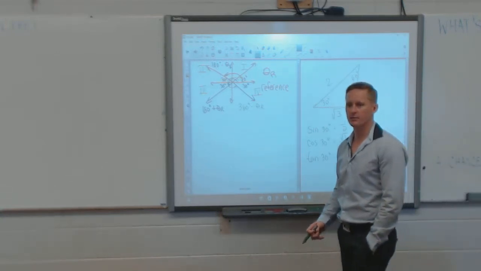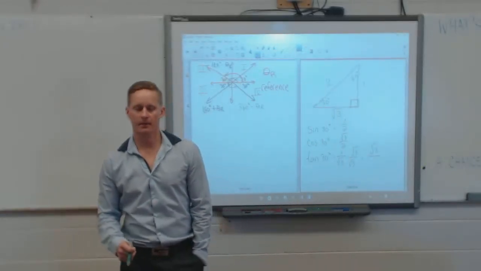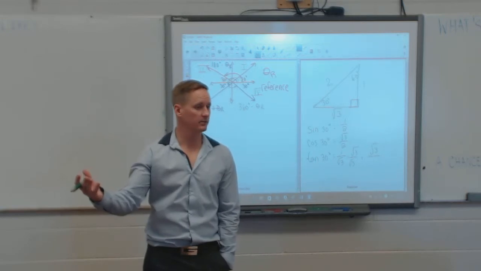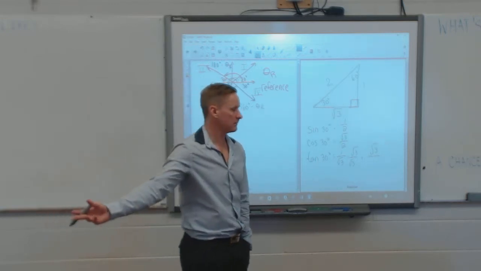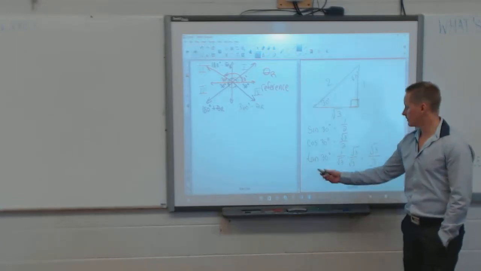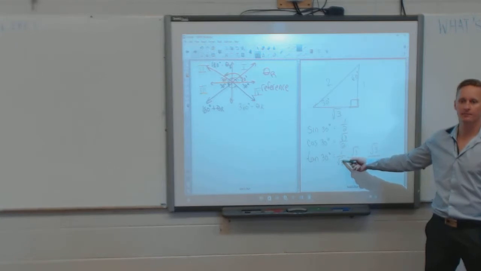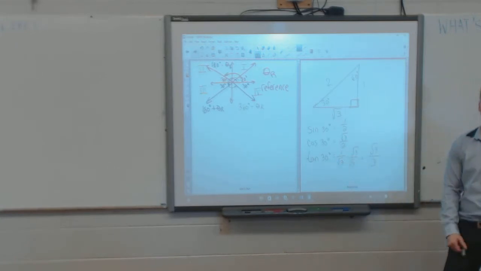What's the square root of 3 times the square root of 3? Square root 9, correct? What's the square root of 9? 3. So the tan of 30 degrees, we can either refer to it as 1 over root 3 or root 3 over 3. Either one is correct.